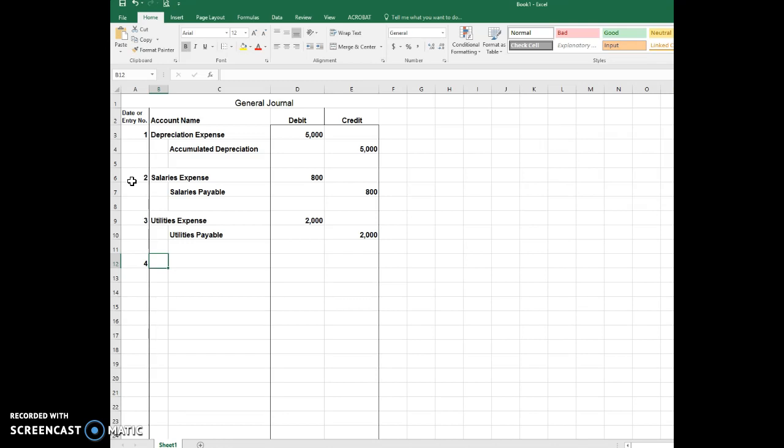And let's say you've used $9,000 of those supplies. What you will do is debit supplies expense to show you've used up $9,000 worth, and then you will credit the supplies account.